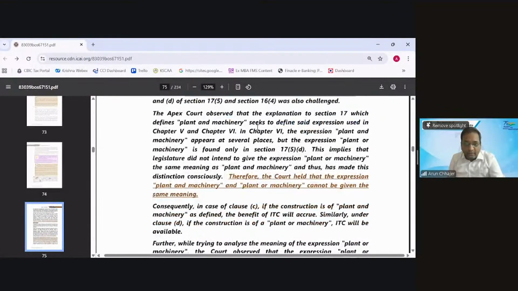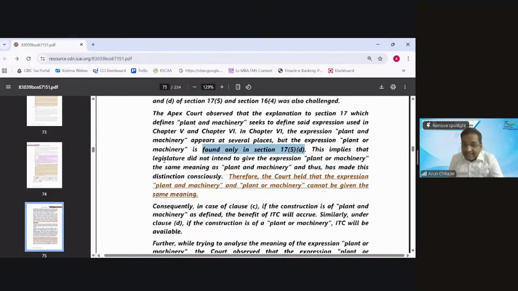The Apex Court observed that the explanation to Section 17, which defines plant and machinery, seeks to define the said expression used in Chapter 5 and Chapter 6. In Chapter 6, the expression plant and machinery appears at several places, but the expression plant or machinery is found only in 17(5)(d).